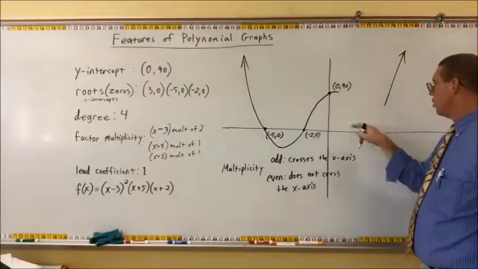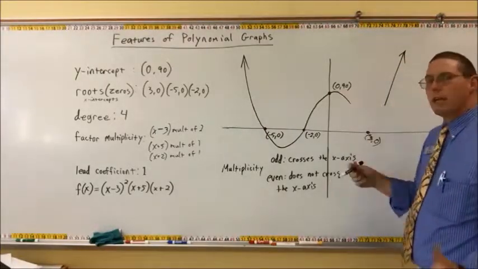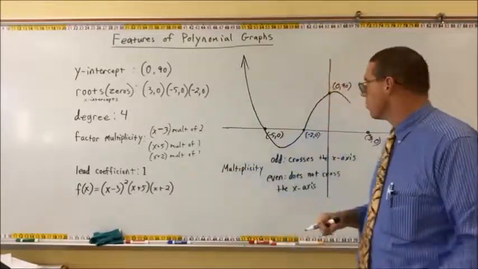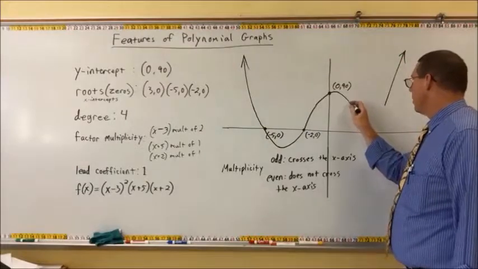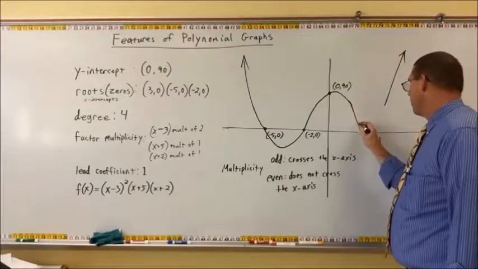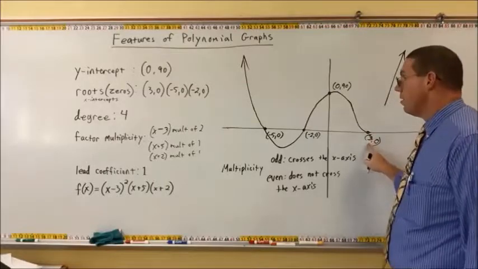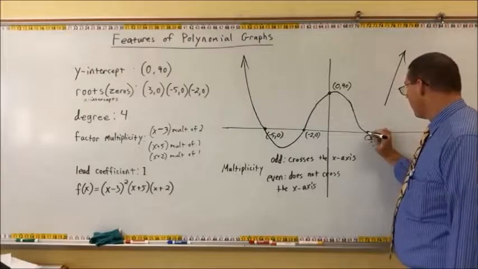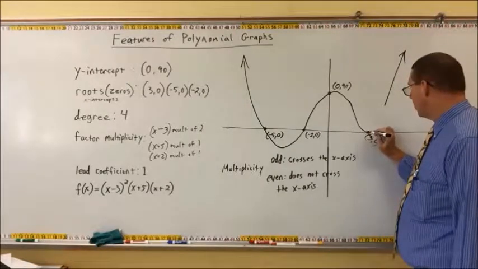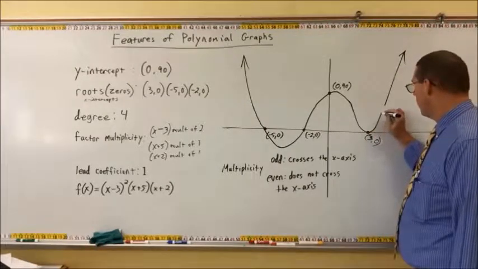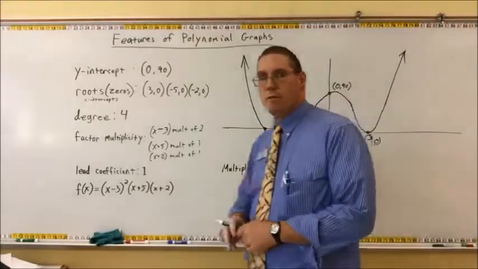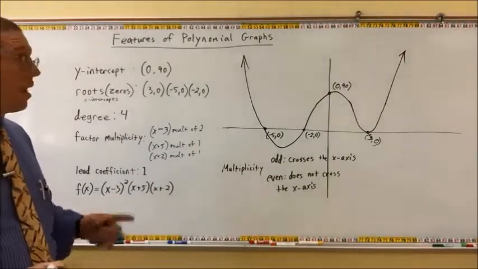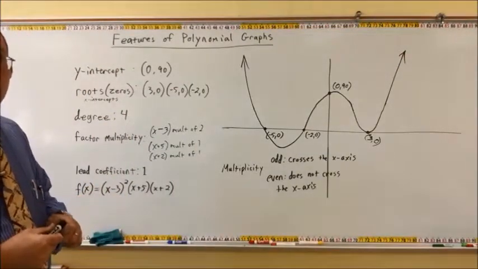It's always getting pulled towards the next point, okay? And it's going to come down here, and then it's going to touch, because the multiplicity here is even, so it's not going to cross over the x-axis. It's just going to barely touch the x-axis and then turn around, and then it's going to meet up. And what you're looking at here, this W shape, is the graph of that polynomial. It's a rough sketch, and that's what you have to be able to do, okay?